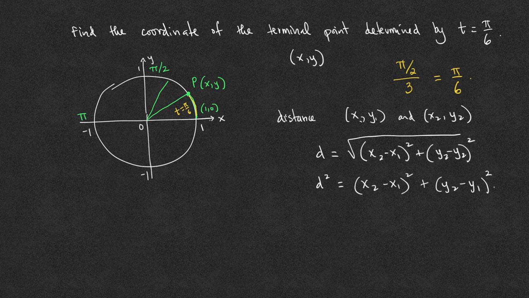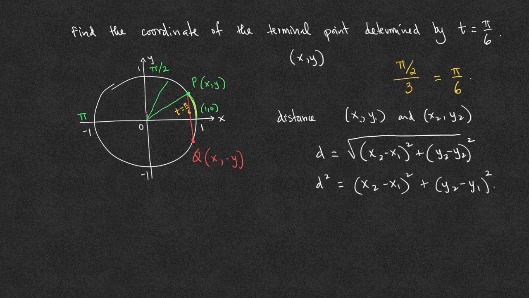But first, observe that if we were to reflect the point P about the horizontal axis and move it to the fourth quadrant, then we obtain the point Q, whose coordinate is the same x, but y is now negative.